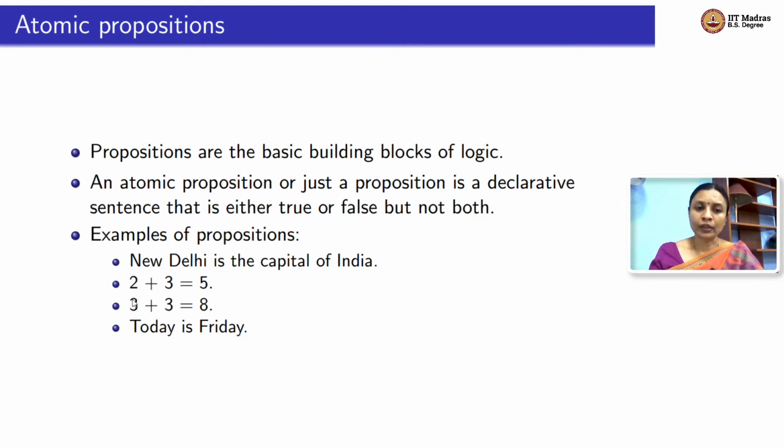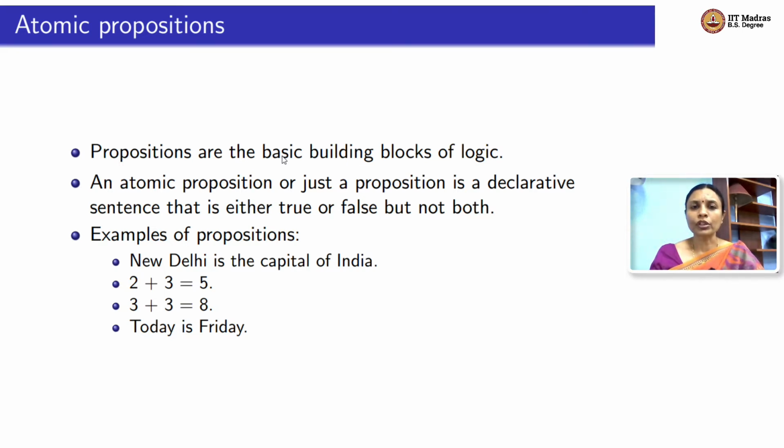Like for example, the third entity given here, 3 plus 3 is equal to 8, makes a statement that is always false. Whereas the last one, today is Friday, is true on all days that are Fridays and is false otherwise. So atomic propositions are the basic building blocks of any logic, specifically propositional logic.